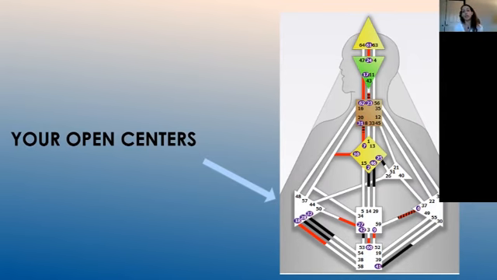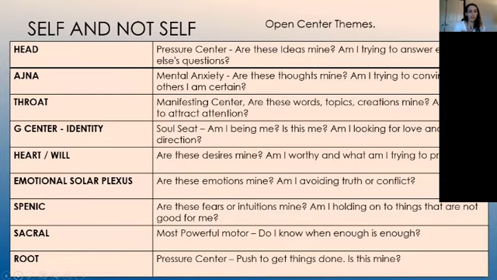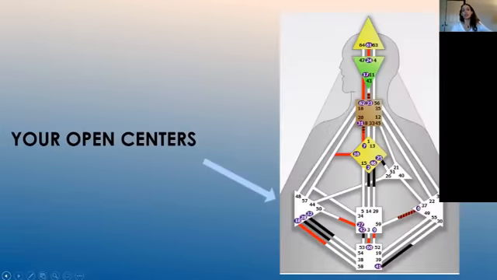So we're going to go through them. I'm going to be on this other page over here. I'm going to flip back and forth. So the head center is the one at the very top, the yellow triangle at the very top with 64, 61, 63. Again, this is a pressure center. It's your center that is actually downloading ideas and inspirations from the universe.